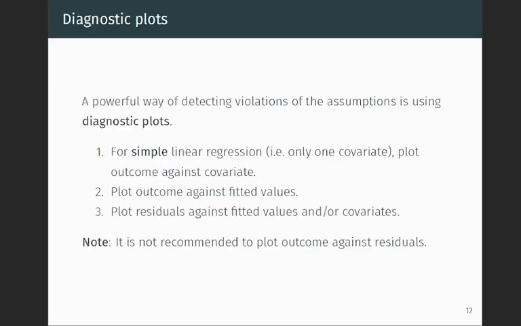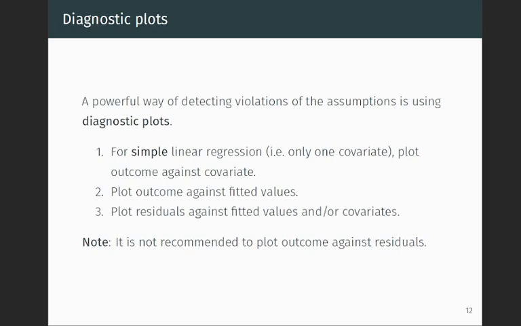Okay, so how are we going to assess all of those assumptions? Well, we're going to use diagnostic plots. I mentioned at the beginning of the lecture that we're going to use a graphical approach, using different types of plots called diagnostic plots to look at whether there's a violation of those assumptions.